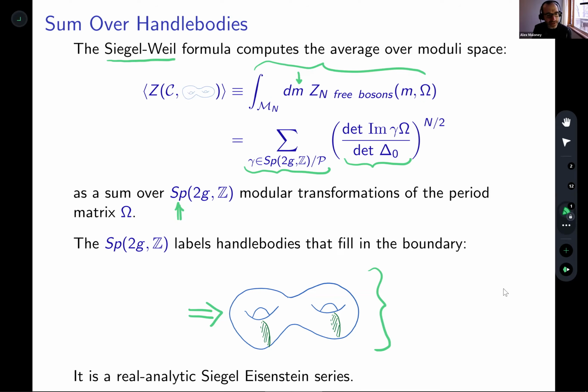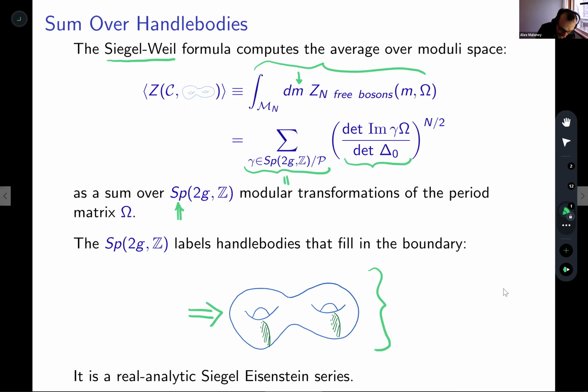And so, in fact, this modular group labels different handlebodies in the bulk. It labels different bulk geometries. Okay. And so this sum is, in fact, interpreted as a sum over handlebodies, as a sum over geometries.